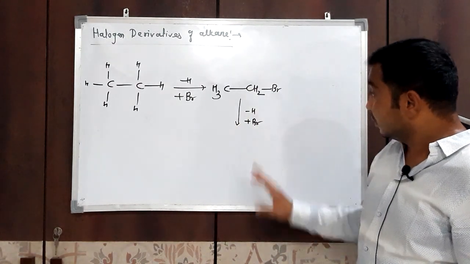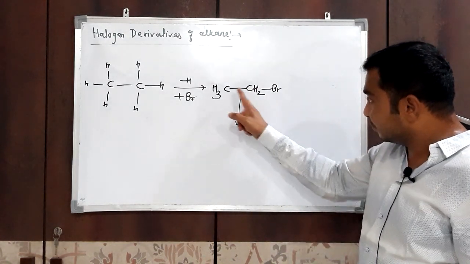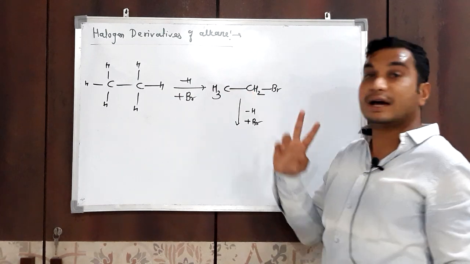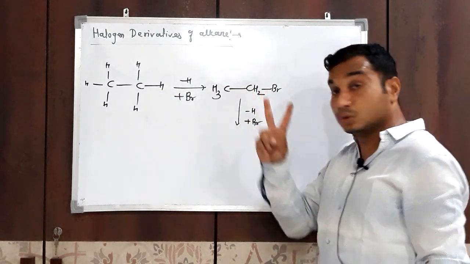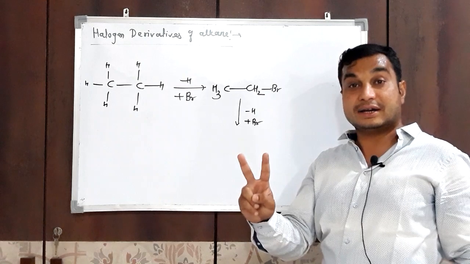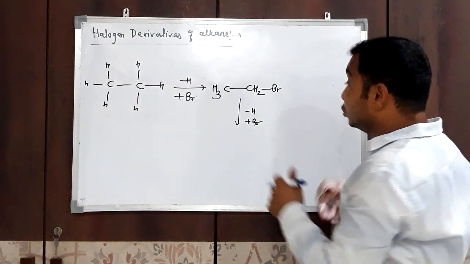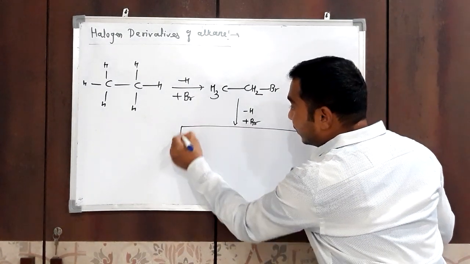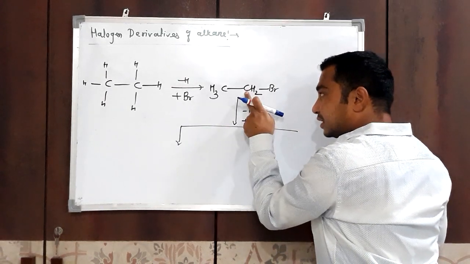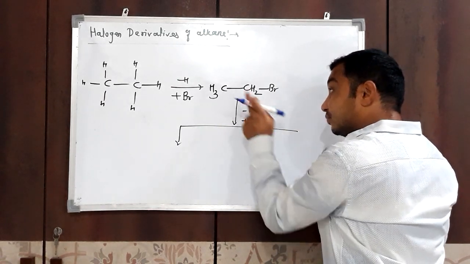So now I want to replace one of the hydrogen atoms from one of the carbon atoms. I am having two carbon atoms and both have hydrogen, so I have two choices. Either I can replace a hydrogen atom from this carbon or from this carbon atom.